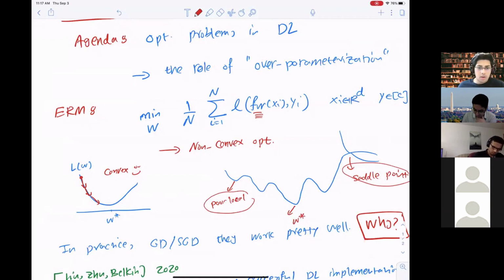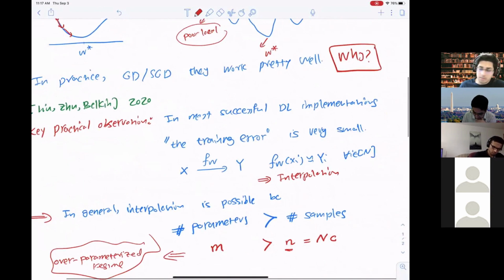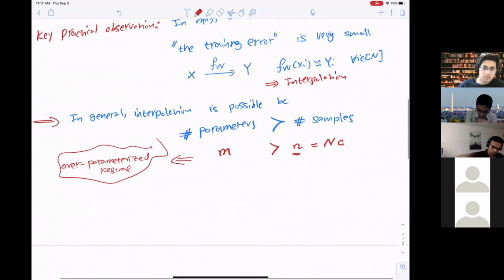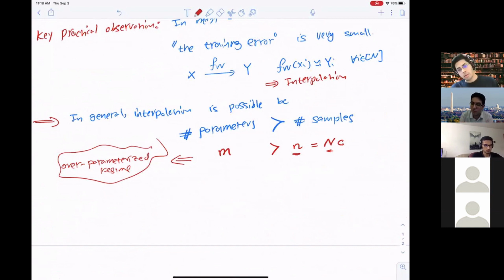That's why in my interpolation, I need to interpolate N, which is the number of samples I have, times C, which is the number of labels for each sample. And I want to be able to interpolate all of the assigned probabilities or all of the assigned labels for each sample precisely. So that's why we have capital N times C as our small n.